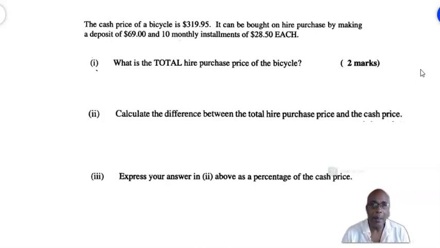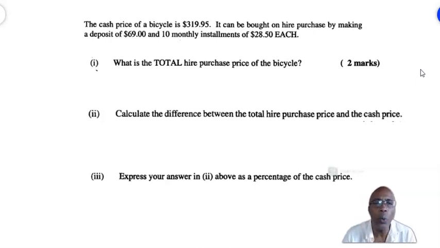You take the bicycle, but then you have to pay 10 monthly installments of $28.50 each. So each month, you have to pay $28.50 for 10 months. In the end, you end up paying more, obviously, than you would have paid for the cash price. But then, when you pay it like that, it's easier to pay for many people.